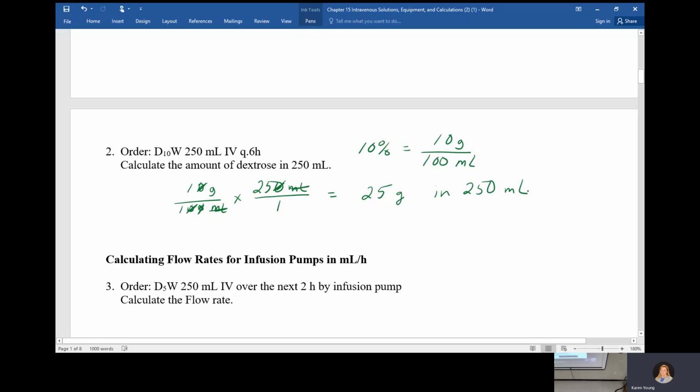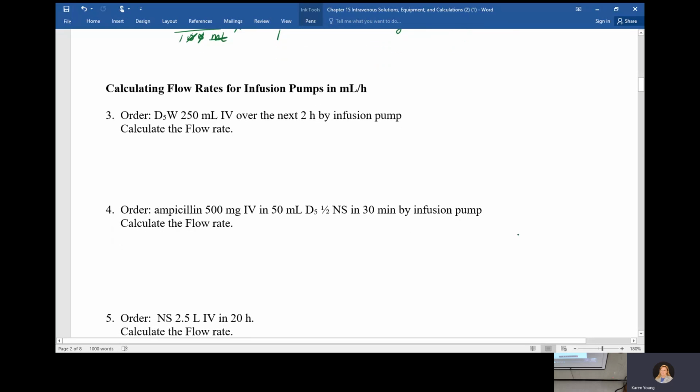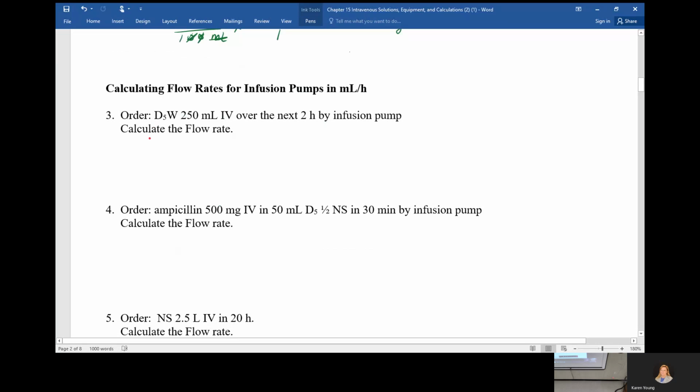All right. So let's get into what we're really going to do today. Not that, we're going to be concentrating on the flow rates. And a flow rate is the amount of fluid over so many hours.